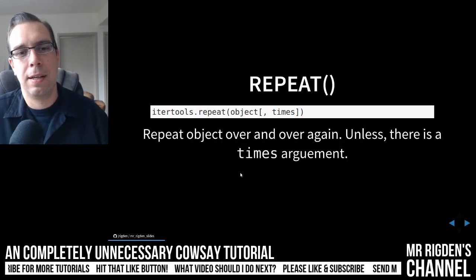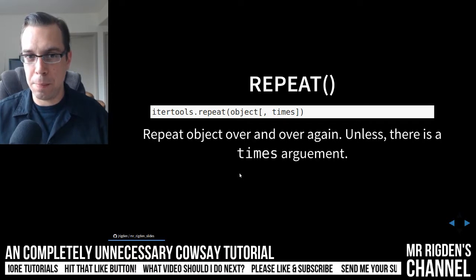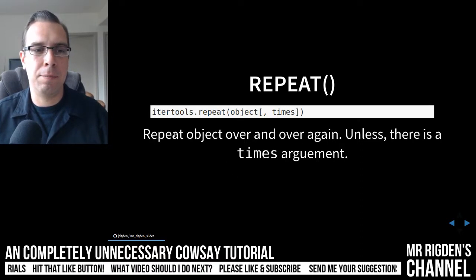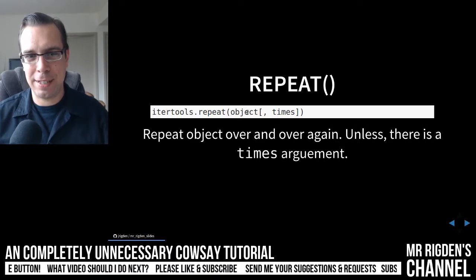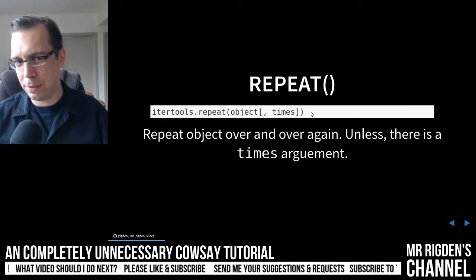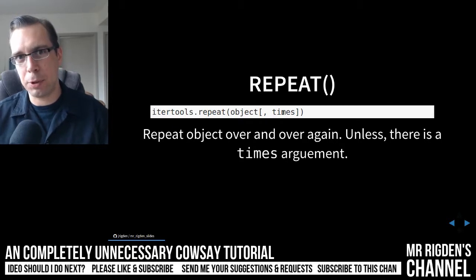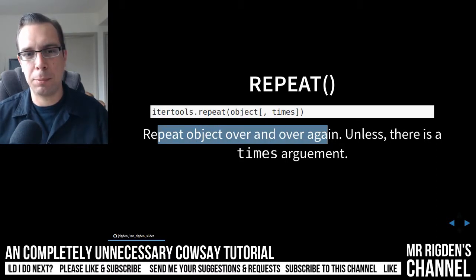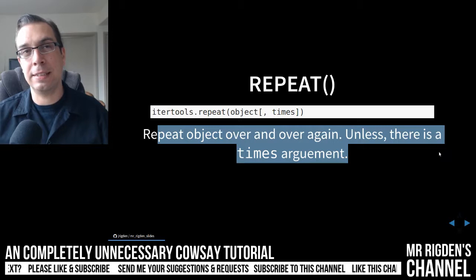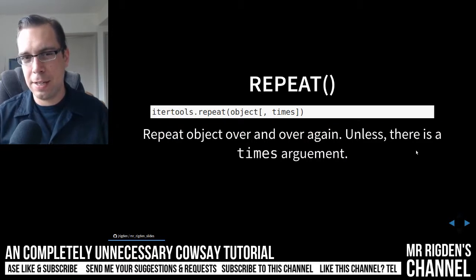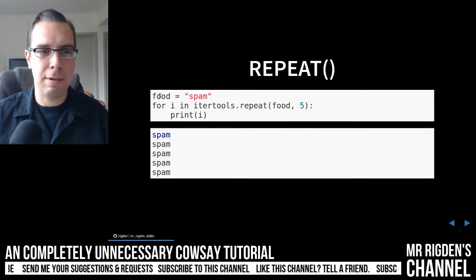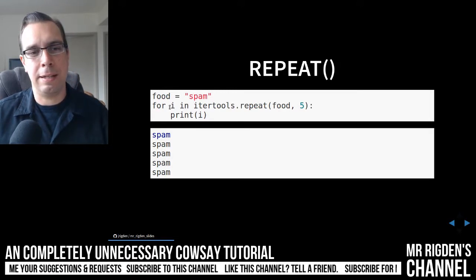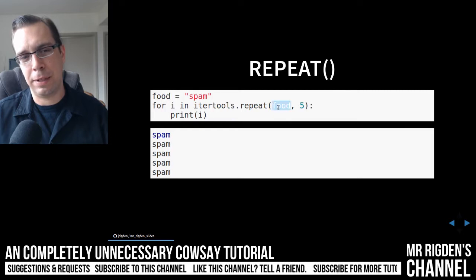Okay. Now we are going to go to repeat. With repeat, you give it an object and how many times you'd like it to go over. The times argument is optional. So repeat the object over and over again, unless there is a times argument. Okay, so our little code example hopefully will make more sense. Here we have food is spam, and then for i in itertools.repeat, we give it food and tell it we want it to repeat 5 times.